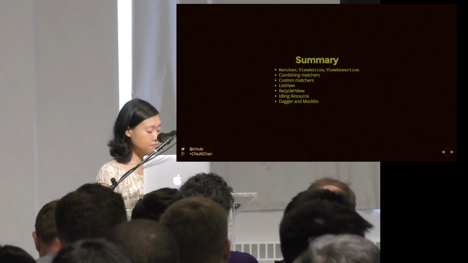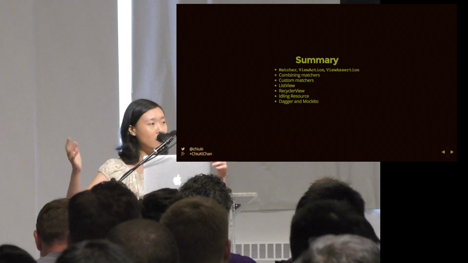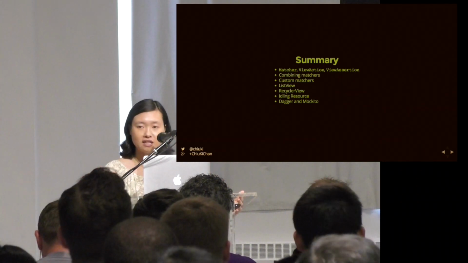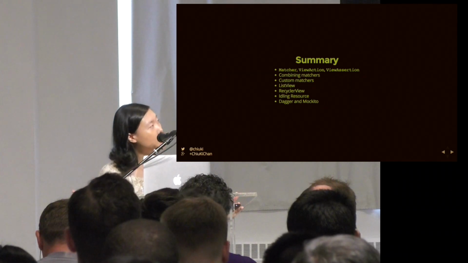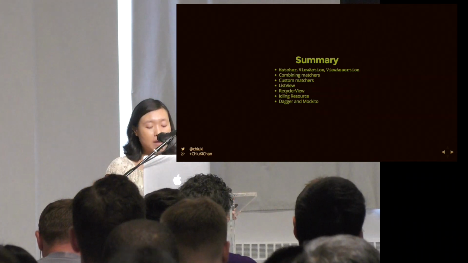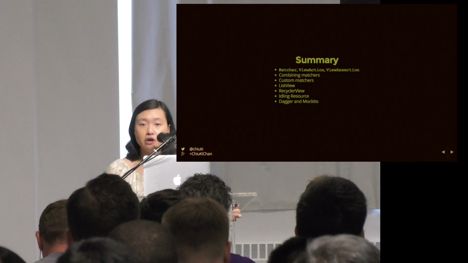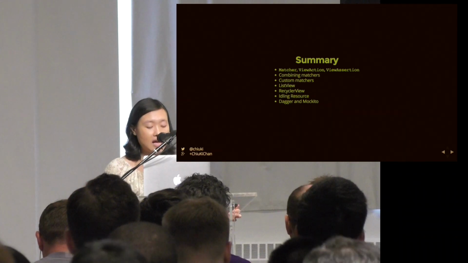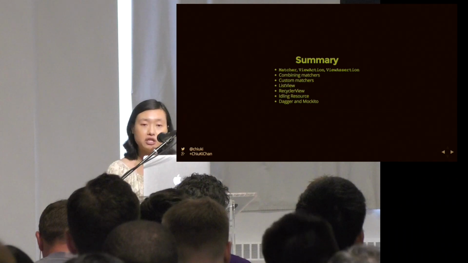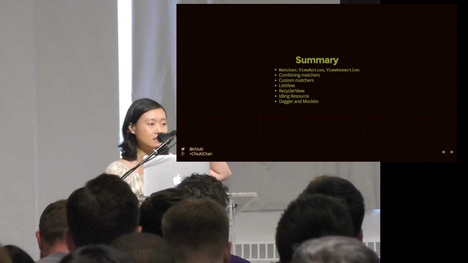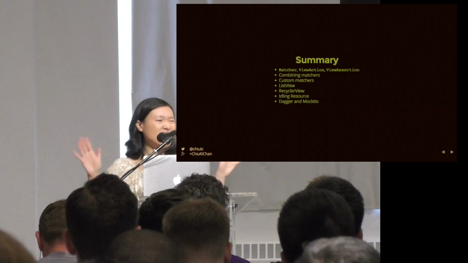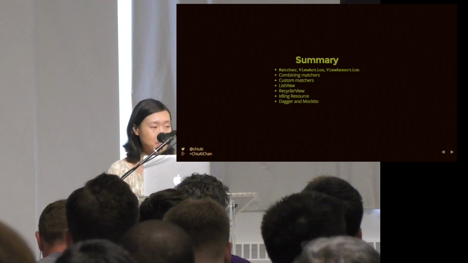And we did a whirlwind tour of a lot of the different techniques that you can learn from Espresso. For example, we did matcher, view action, and view assertion. That's the basic formula of how to use Espresso. Then we went through the example of combining matchers to pinpoint that title in the toolbar. But then we were like, that's not good enough, so let's also write a custom matcher.